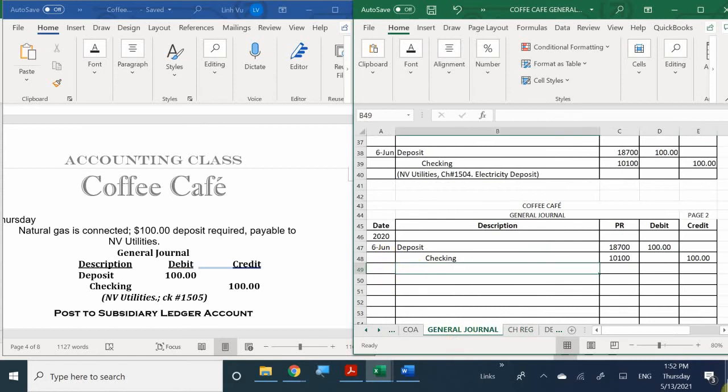And once again, my note here is that I am making a payment to NV Utilities. I wrote a check number 1505, and this time, this is for natural gas.